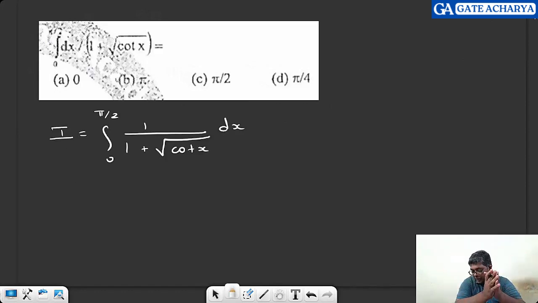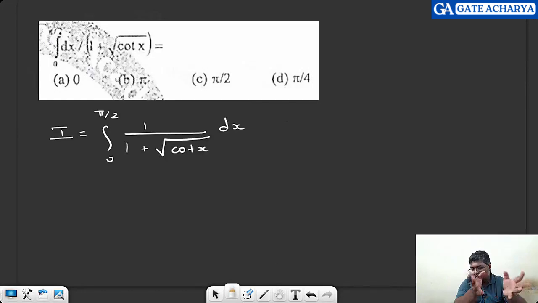Based on my extensive practice of problems, what I realized is whenever I see cot x, tan x, sec x, cosec x, these 4 main functions, I never try to solve the problem in that function unless, for example, the cot x derivative is cosec square x. So if cosec square is somewhere in the function, then I will manage with that.